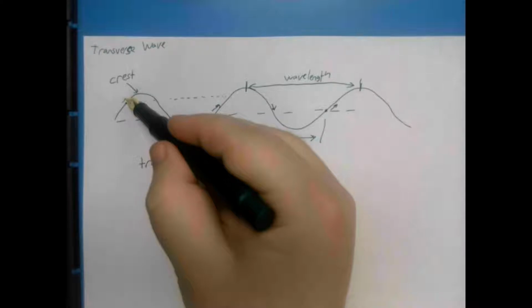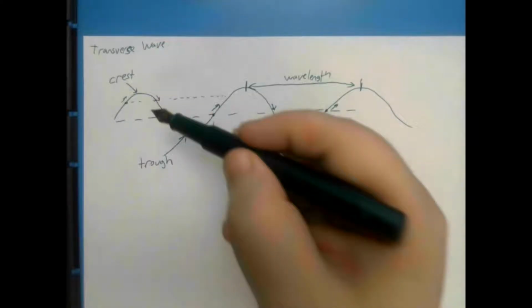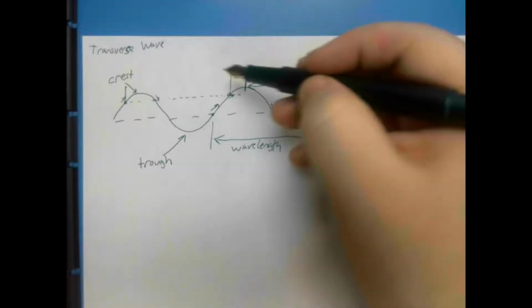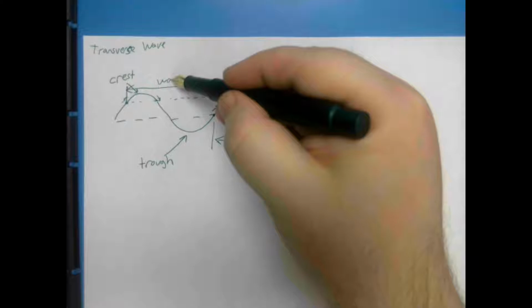So this point right here on the wave isn't the wavelength because it's going down. It's not identical. But if we were to continue, we see at this point where it crosses, it's going in the same direction. So from here to here would also be a wavelength. So any two identical points is a wavelength.